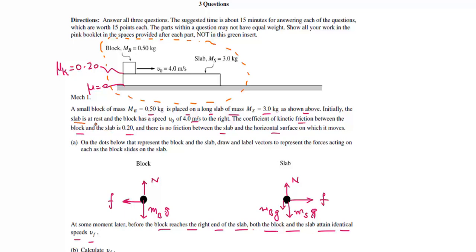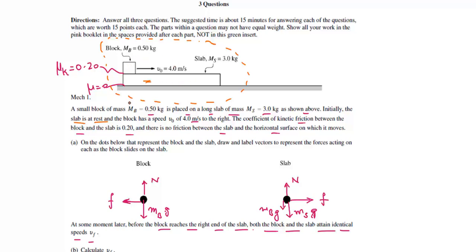Initially the slab is at rest, but when the block is projected with a velocity of 4 meter per second with respect to this slab, the force acting on the block is the force of friction in the backward direction, and there is a force that will act on the slab in the forward direction.